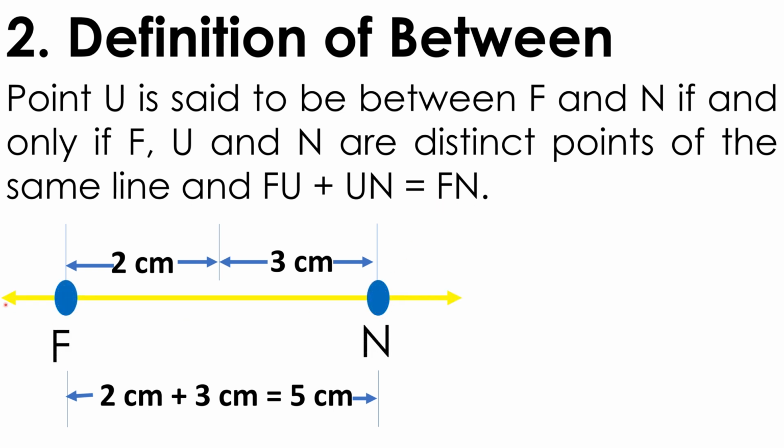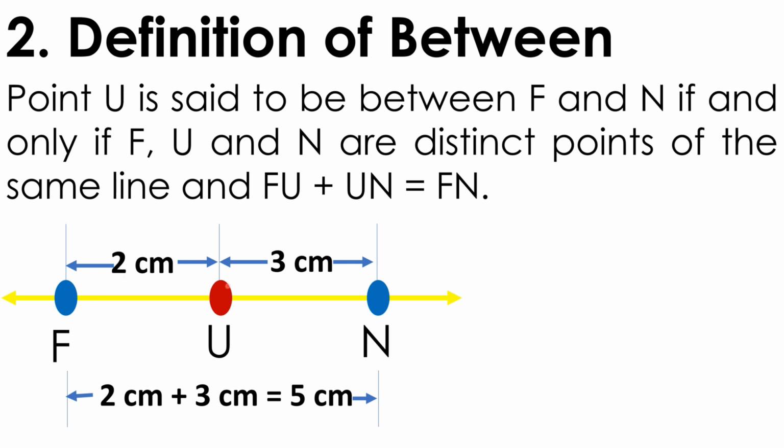So this is our line, F and N, and it says here point U is said to be between F and N. They are different points, but they are on the same line.